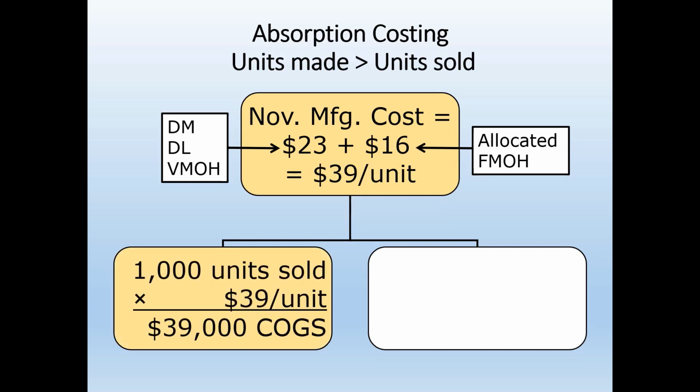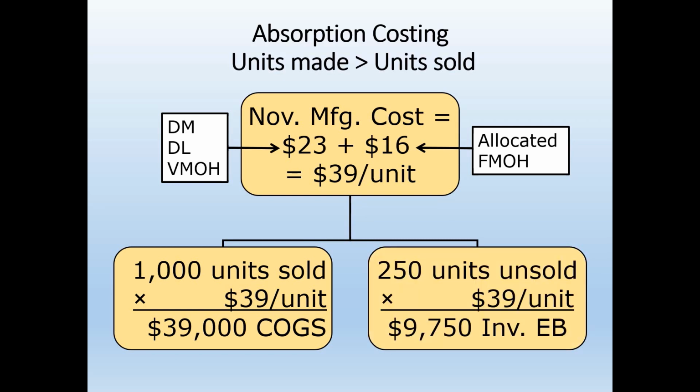The firm sold 1,000 of those units. That means the cost of goods sold is going to be $39,000. But the firm didn't sell 250 units. We can multiply that by $39 per unit to determine the value of the inventory ending balance.